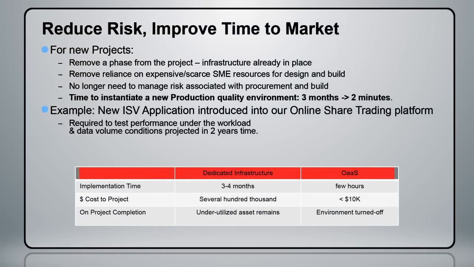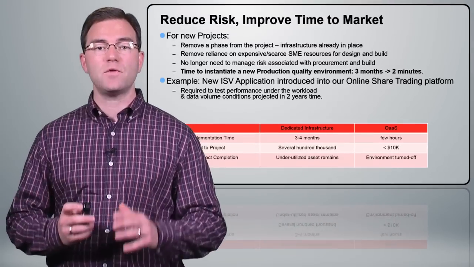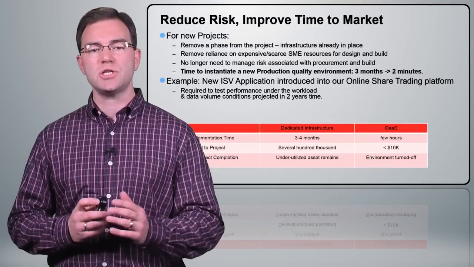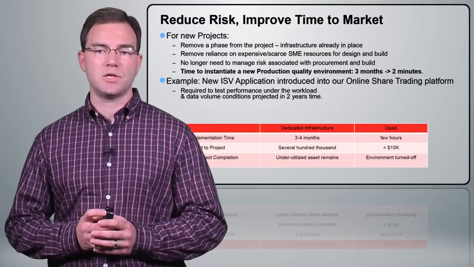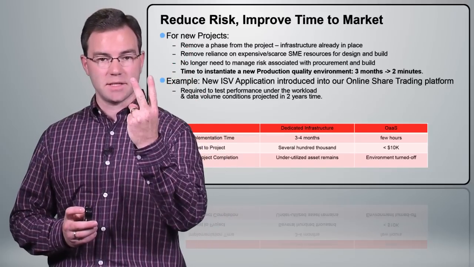CBA really optimized their consolidation approach. Not only were they able to reduce the risk and improve the time to market, they also significantly reduced the deployment time and costs. For example, for a new project, their time to initiate a new production quality environment went down from 3 months to 2 minutes.